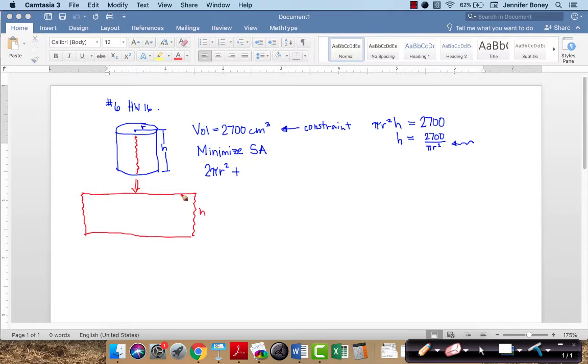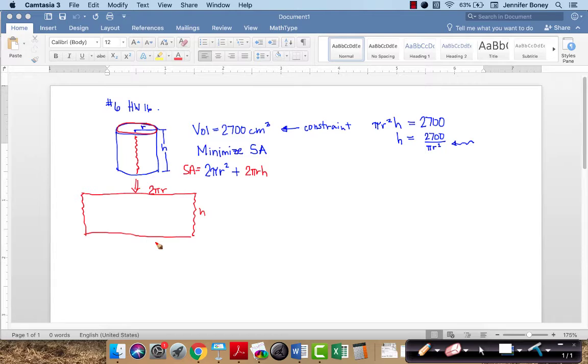But rectangle-wise, this length here would need to be the length that goes all the way around the circle. So it is the circumference. So this length is 2 pi r, or pi times diameter, but I'll just use it in terms of radius so we do not introduce any new variables unnecessarily. And so the area of this rectangle part, length times width, is 2 pi r h. Just a quick review of where that geometry formula comes from. But again, this would be something that would be listed on a test, as opposed to you needing to know this off the top of your head all of a sudden.